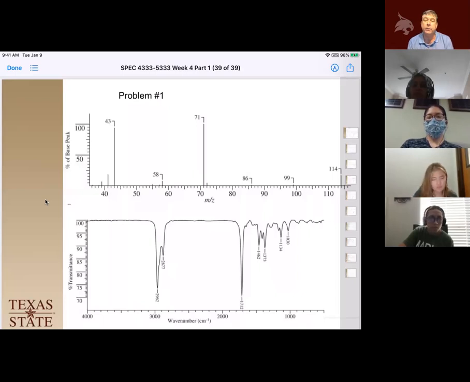Now, what we're gonna do here is we're gonna start with our mass spec, get kind of our masses and do our rule of 13, and then look to our IR to see what kind of substitutions we should be doing. So for example, if we look in the IR and we see that we have something in an amine, we'll know that we want to do a substitution for a nitrogen. Although we should have seen that in our spectrum anyway, but we'll take a look.